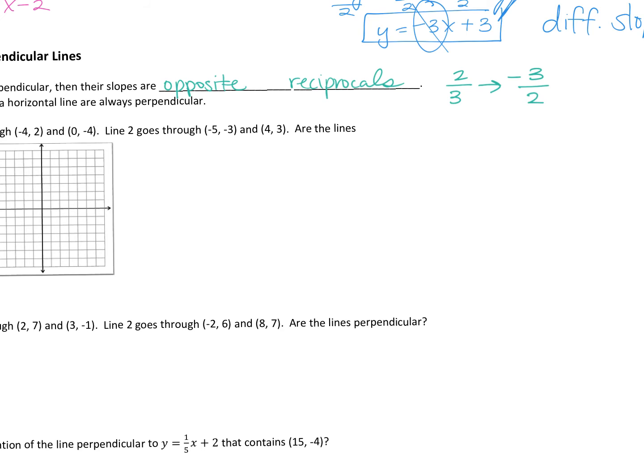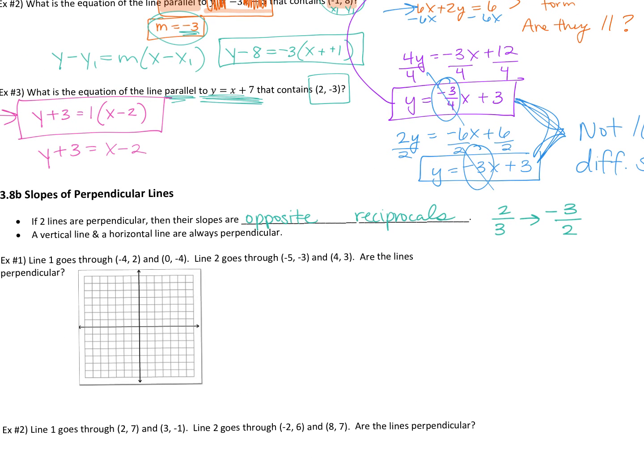So you flip it and you either add the negative or take the negative away. So opposite meaning, maybe you want to write this. Opposite meaning you go from positive to negative or vice versa. Reciprocal meaning you flip it. A over B becomes B over A, right? So flip it, change the sign.